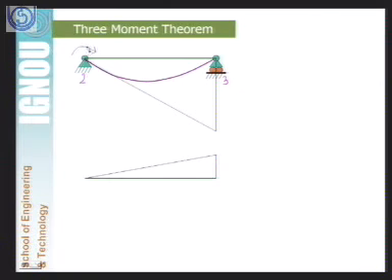We have already done this, so we don't have to apply moment here, rather we are going to apply a unit moment at this place, and we have to calculate the rotation taking place at node 2 because of the unit moment applied at node 3. So theta is equal to F23, the flexibility coefficient F23.